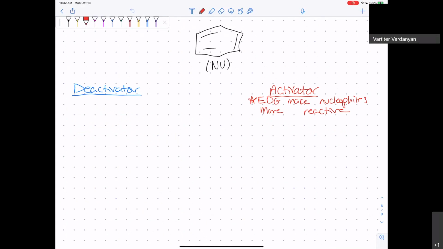Okay, so yes, activators, lone pairs. I'm gonna write lone pairs. And the strongest activator that we have is NH2. And then after that is OH.